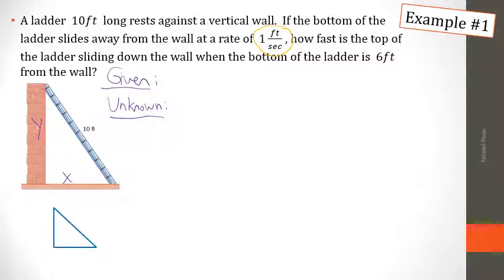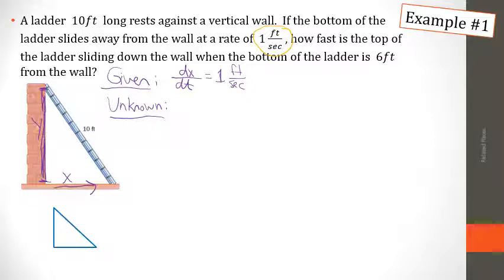The wall is taller, this is y. So we know that the rate that the ladder is sliding out from the wall is 1 foot per second. So that would be dx/dt. It's 1 foot per second. So it's the rate at which x is changing.